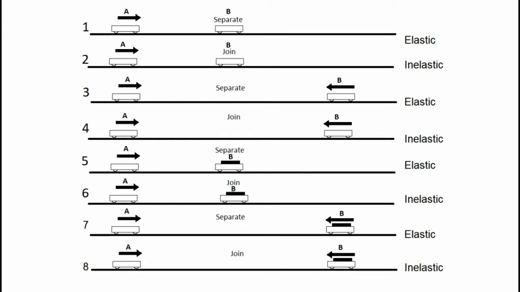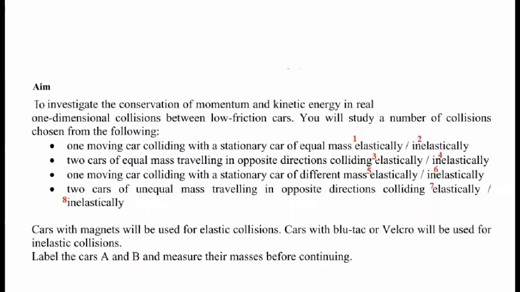Similarly here for different masses. Here they're stationary, here are stationary but joining, and here elastic and inelastic. And these are all covered by this list of aims. You can see there the 1, 2, 3, 4, 5, 6, 7, 8.